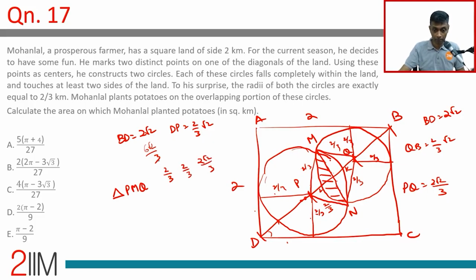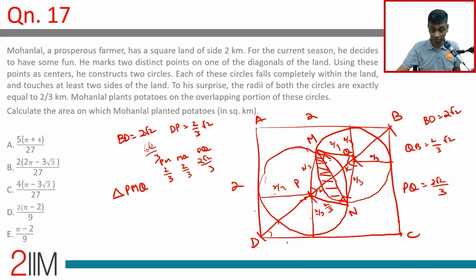PM is 2 by 3, MQ is 2 by 3, PQ is 2 root 2 by 3, they are in the ratio 1:1:root 2, so there's a right angle sitting here. PMQ is a right angle. So this is a nice rhombus with one angle of 90, or we're dealing with a beautiful square. This makes life very easy.